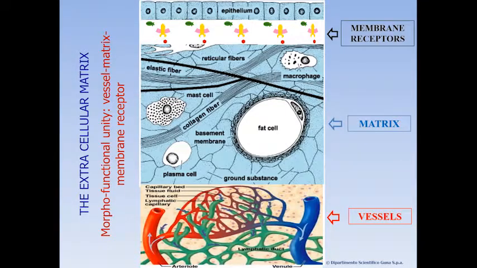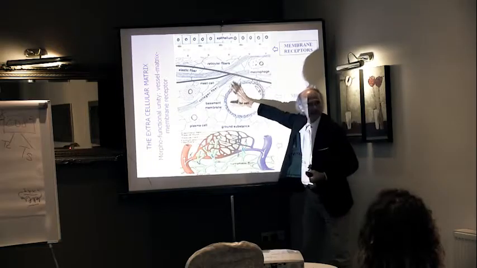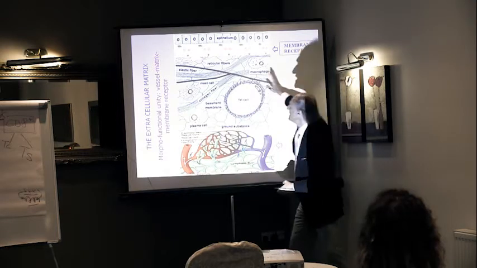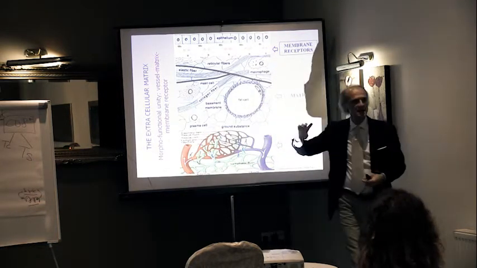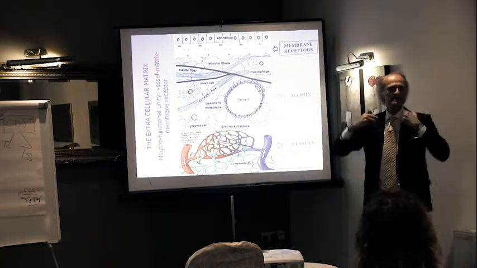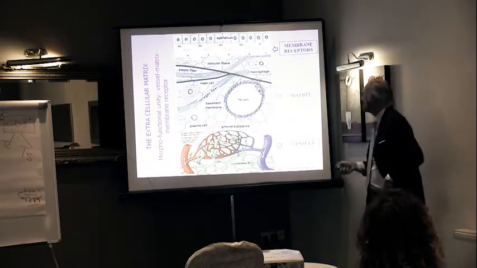Another link between drainage and inflammation is that the extracellular matrix is the field of the battle of inflammation. Where do the inflammation processes happen? In the extracellular matrix. So if you clean the extracellular matrix, you are reducing the triggers of inflammation.